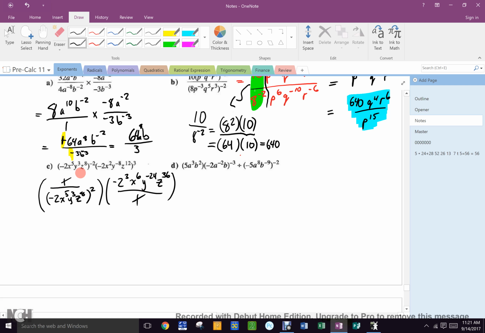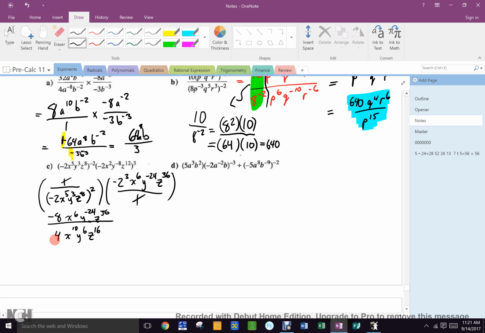Those ones are going to cancel. Now let's tidy this up. Negative 2 squared, 4. x10, y6, z16. Negative 2 cubed, negative 8. x6, y negative 24, z 36.